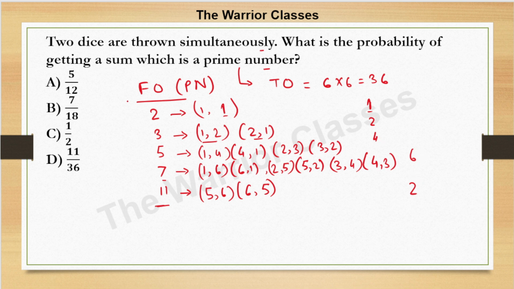Total favorable becomes 15, and total outcomes is 36. So the probability will be favorable cases 15 over total outcomes 36. We can cancel it by 3, so it is 5 over 12. So 5 by 12 is our correct answer. So option A, 5 by 12, is correct for the question.